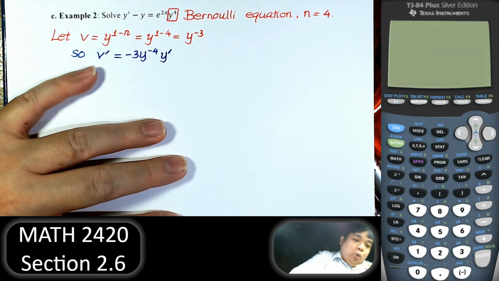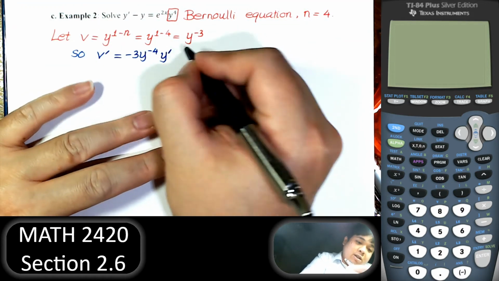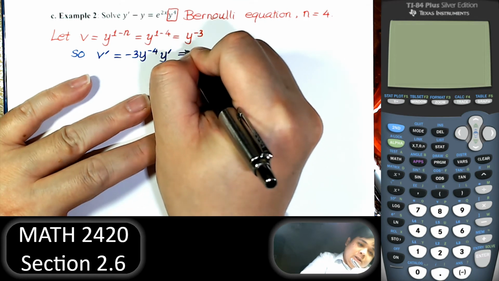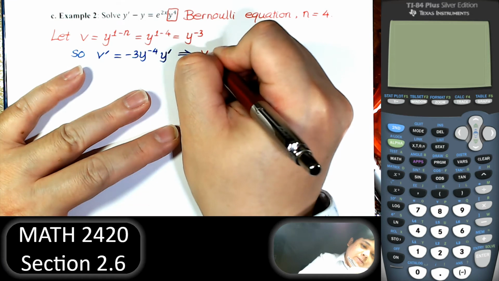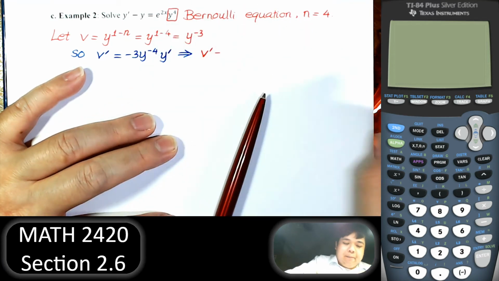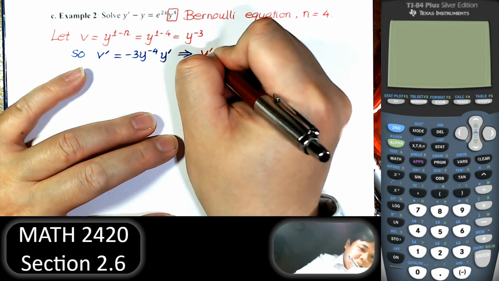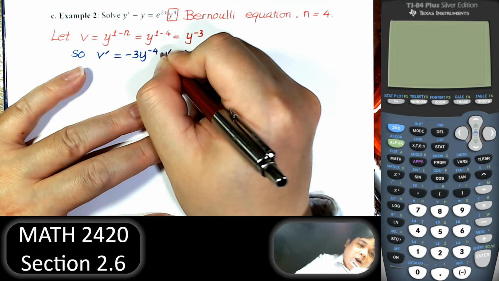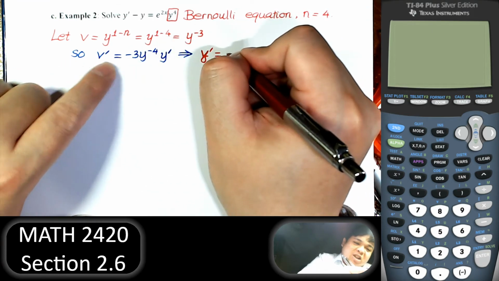Now we will get y prime by itself, because after all we need to substitute that. So we have v prime equal to negative 3 y to the negative 4 times y prime, so y prime is equal to v prime divided by that.